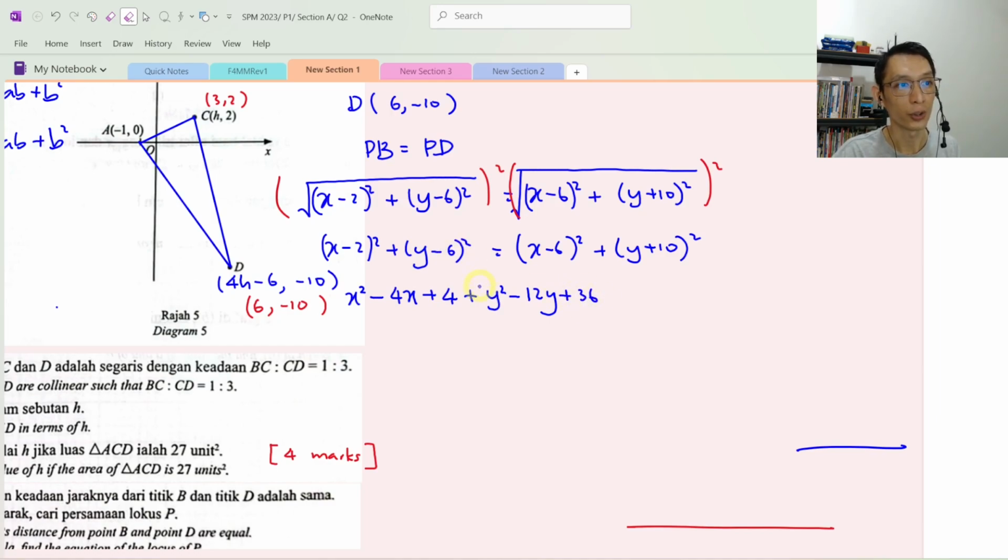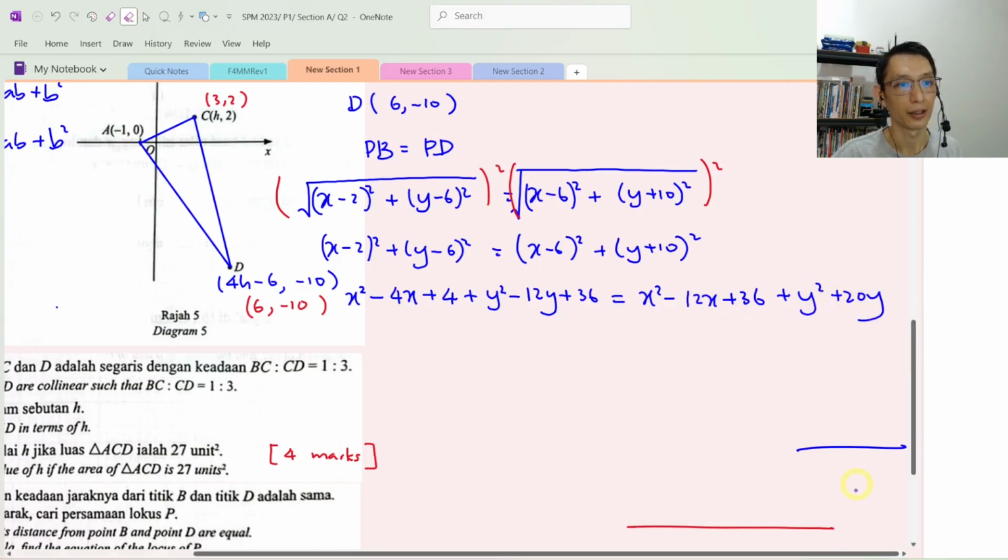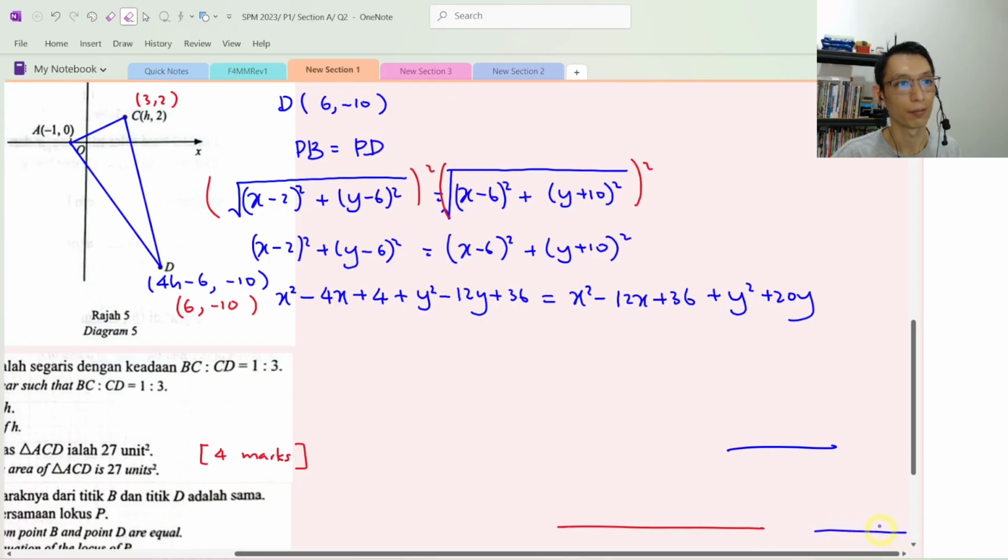So here you don't have to put a parenthesis, it's okay because this is plus. If this is minus, definitely you need to put a parenthesis. x squared minus 12x plus 36. y squared plus 20y plus 100.